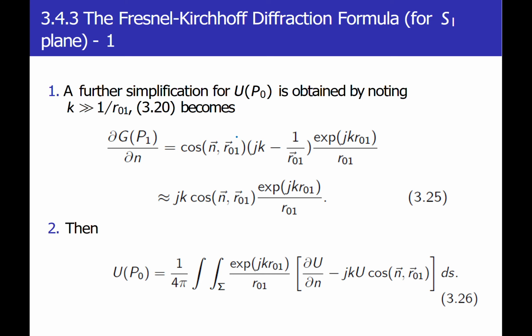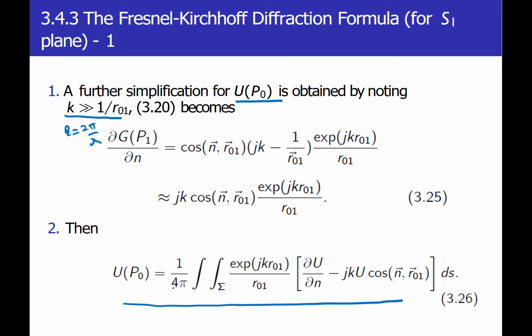And for further simplification, our scalar field component is obtained by this relationship, where k is, remember, 2 pi over lambda, so that our wavelength is much smaller than our distance. Okay, and then these two assumptions are given, and then we have this relationship.